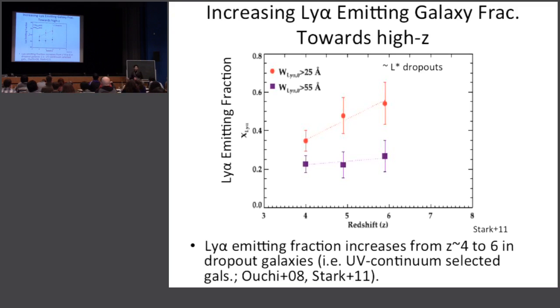So what fraction of the dropout galaxies have the Lyman-alpha emission line? This is the idea, and it has a dependence on the equivalent width, but basically the Lyman-alpha emitting galaxy fraction is increasing from redshift 4 to 6.